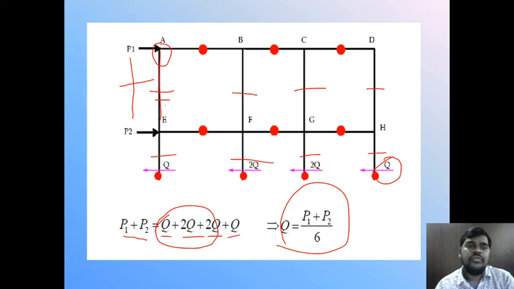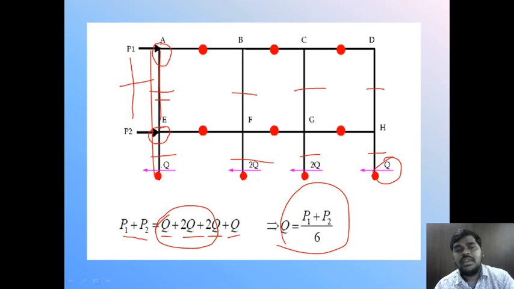And if you want to find the moment at joint E, here column shear is taken as Q, and the total length is considered as L by 2.